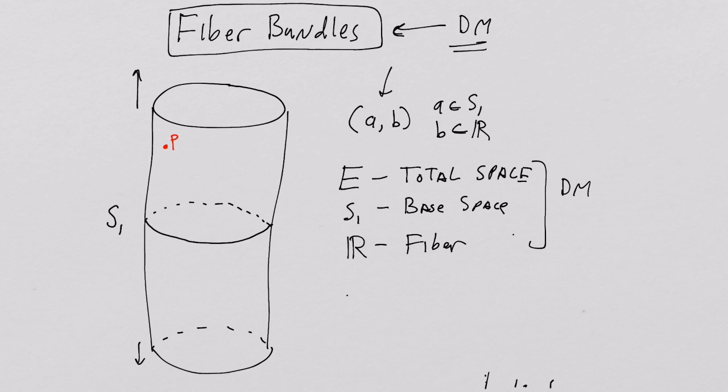But what makes this important is that for a given point, I can write down that point in the total space using this ordered pair, in the case of the cylinder. And the ordered pair cleanly places every point in the total space as a point that has a specific location in the base space and a specific location in the fiber.